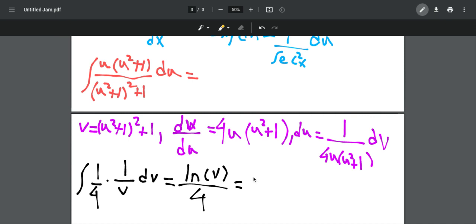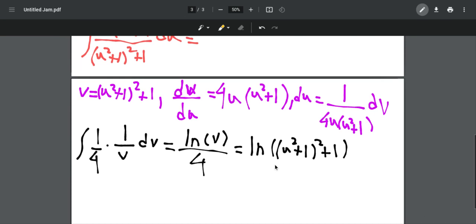So we get natural log of u squared plus 1, squared, plus 1, and then over 4. But now we're not done, because we started our integral in terms of x.